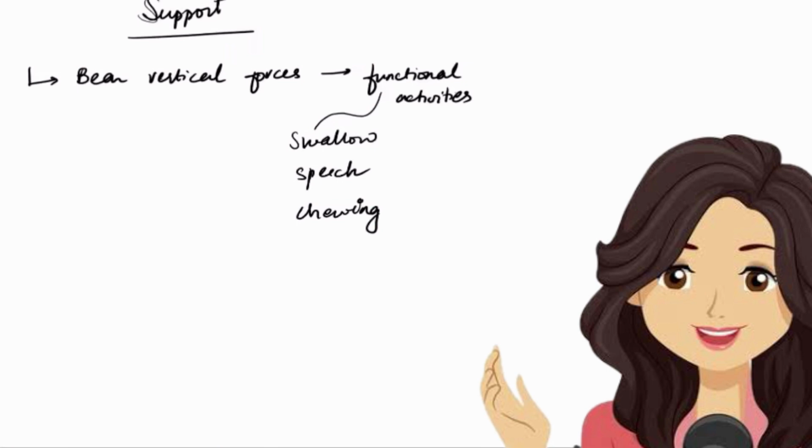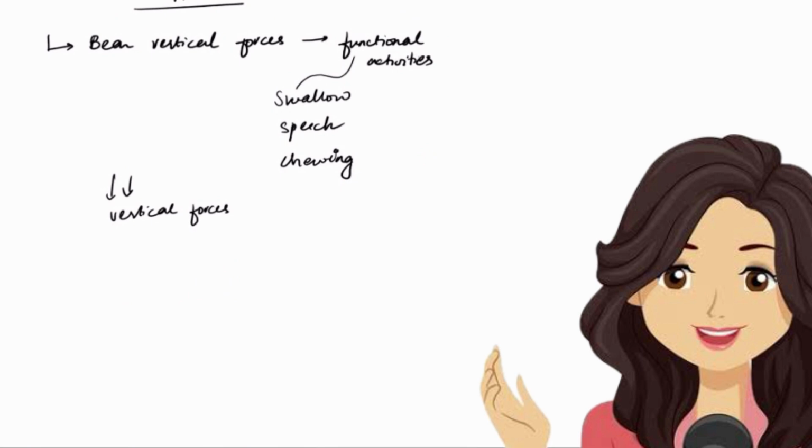Now, understand one process with me here. We swallow multiple times every minute. If all of you that are listening here are sitting in the rest position of the mandible, the teeth are slightly apart from each other. Now, when you swallow, your teeth momentarily come in contact and that generates vertical forces of occlusion. Whatever may be the magnitude, some amount of force is always generated.